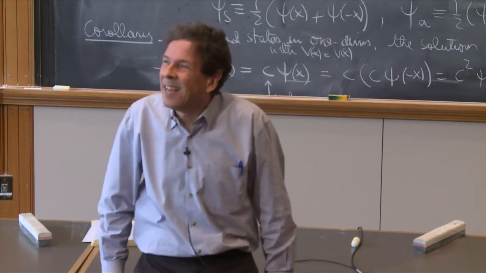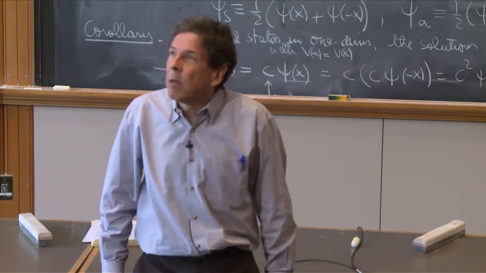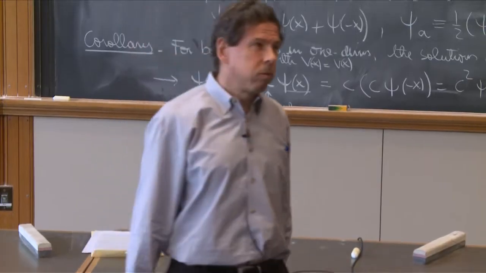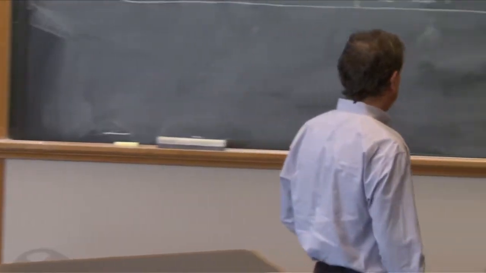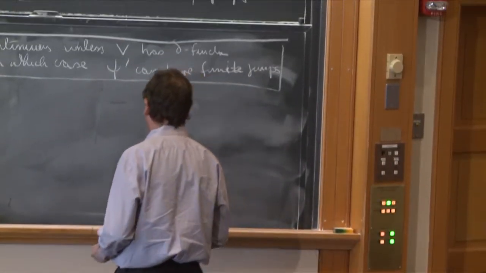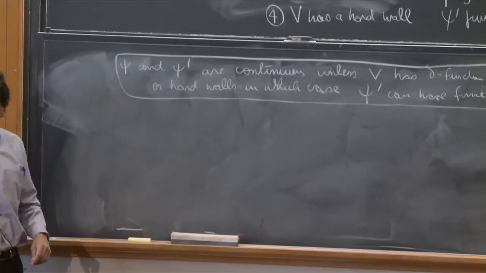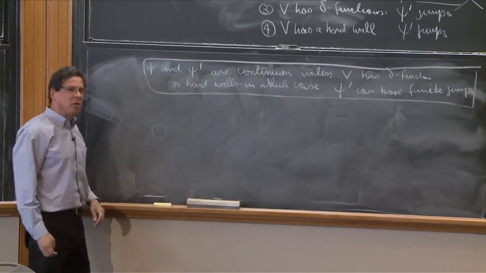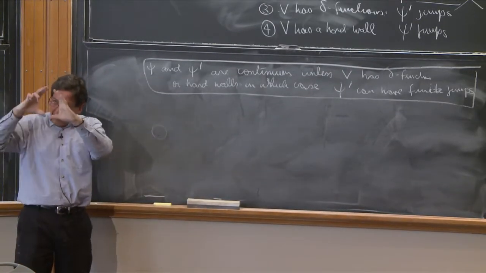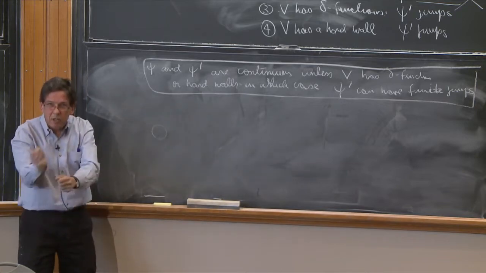Yes? Can you give an example of a physical system whose potential is well approximated by a delta function, just to get an idea? Yes, there are systems like that. For example, a nucleus sometimes is considered to be like a spherical cavity in which particles are bound by a deep potential and don't escape.